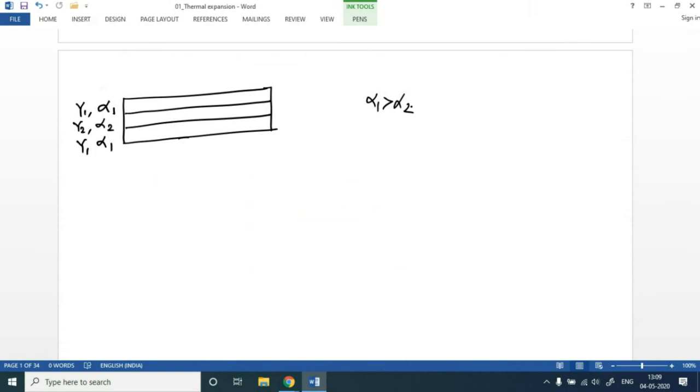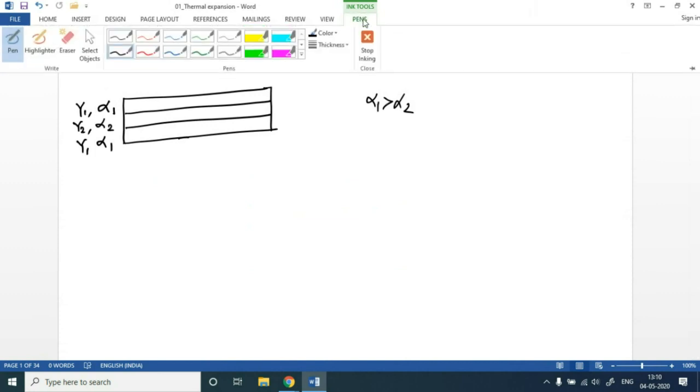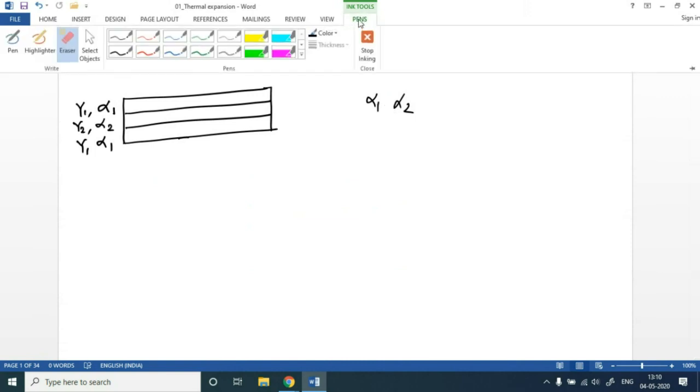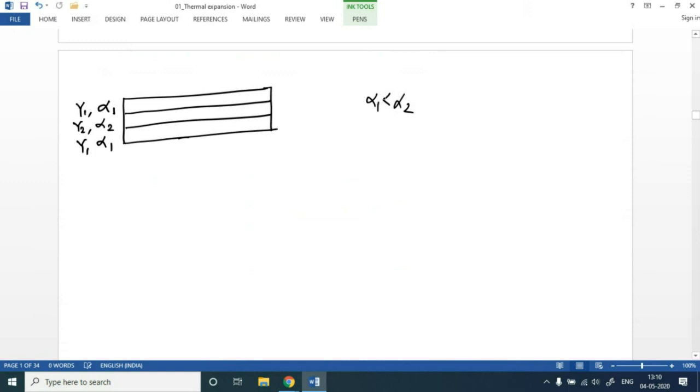Or the other way around, let's have the inner one expand more, for instance. In that case, the length they expand will be the same.